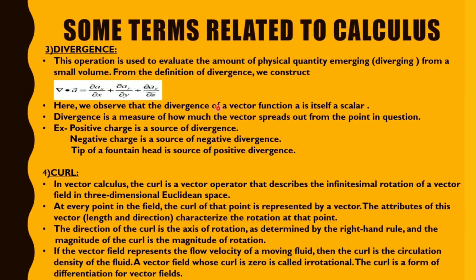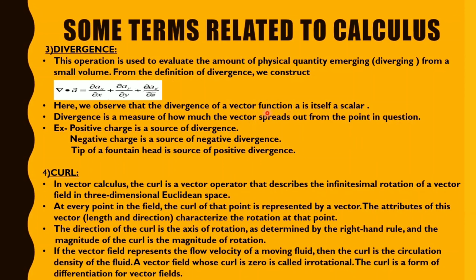Here we observe that the divergence of a vector function is itself a scalar. The divergence is a measure of how much the vector spreads out from the point in question.